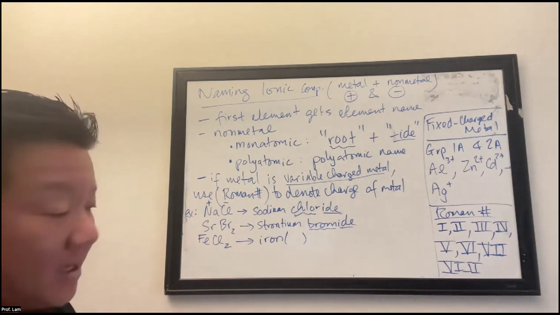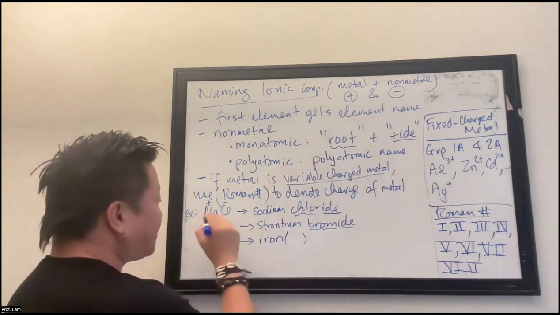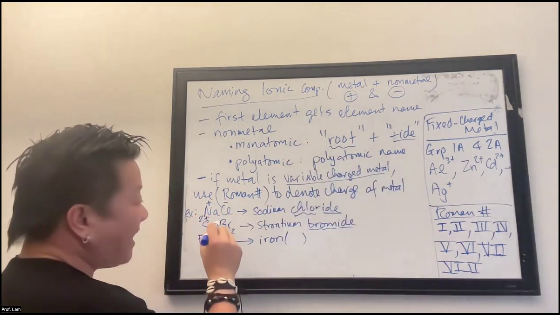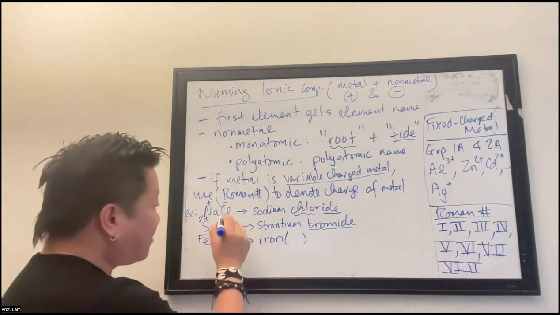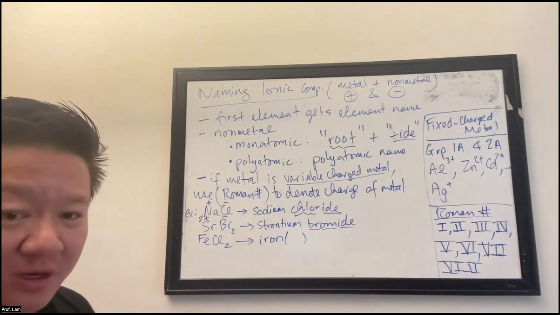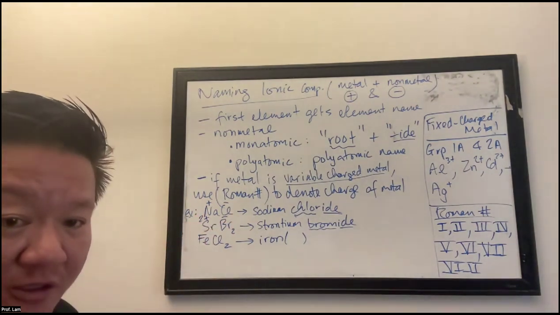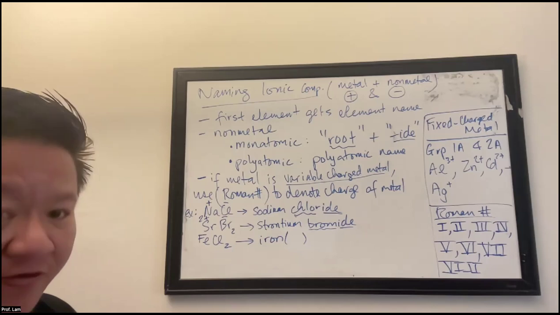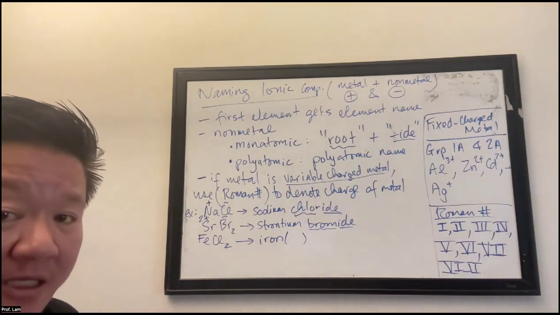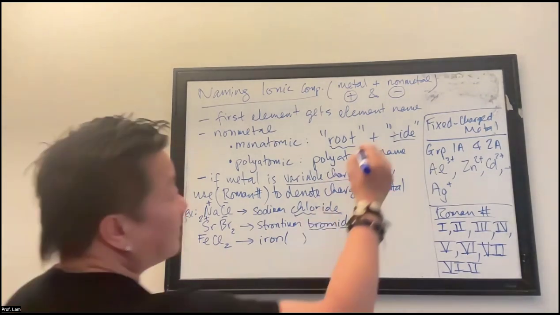In SrBr2, your strontium is in group 2A, so it'll be 2 plus. And bromine is in group 7A, so it's negative. But you have 2 bromines, so it's 2 minus, balancing out a 2 plus charge, and therefore making the whole thing neutral. Okay, so that's very key: in ionic compounds, the compounds have to be neutral. So there it is.